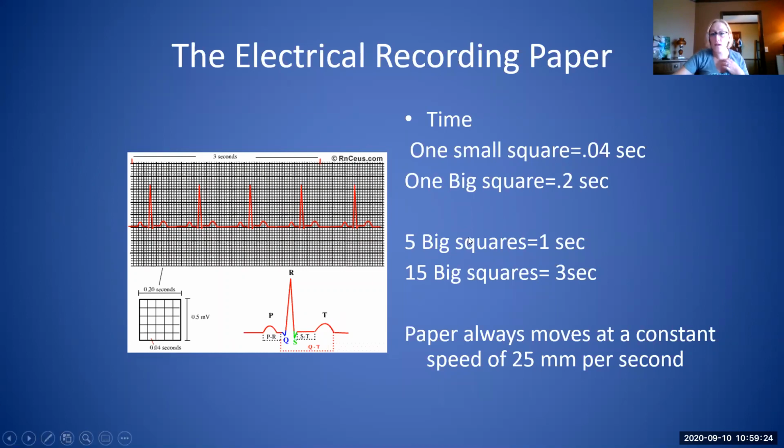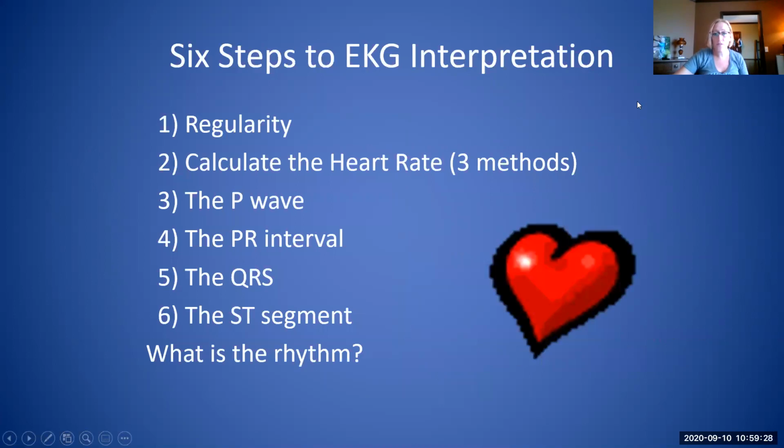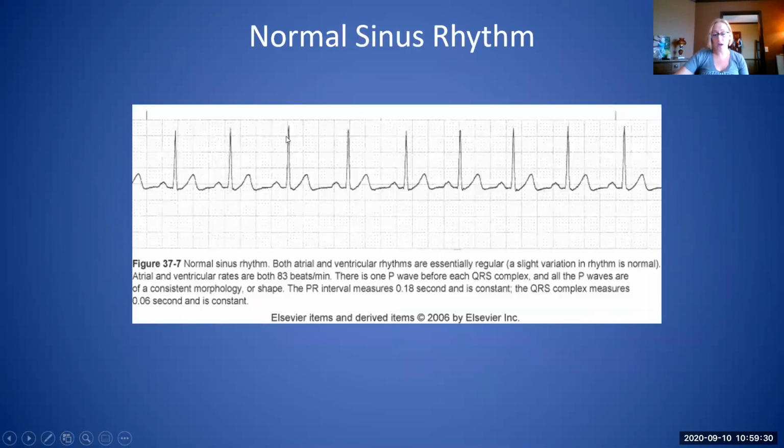So let me go to an actual strip here. Here we have sinus rhythm. What you will see on paper or a rhythm strip, whatever you're looking at, is these little tick marks up here. There's one right here too, and then one right here. Usually the 2 bigger ones signify 6 seconds. Then one here in the middle would be your 3 second. So you always want to have a 6-second strip to determine your heart rate.